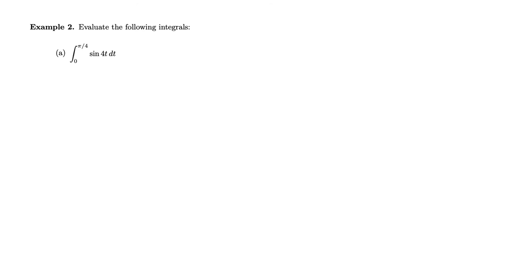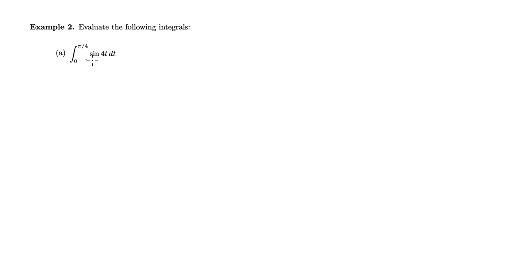Okay, so now we're going to look at some examples of definite integrals. And on definite integrals, the process to evaluate them using u substitution is exactly the same, except we just have the added step that we need to evaluate the antiderivative at the upper and lower limits of integration and take that difference.